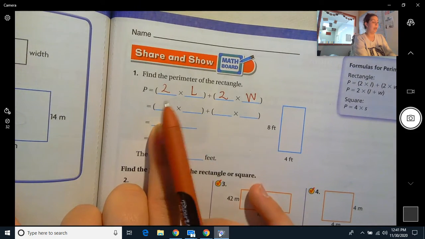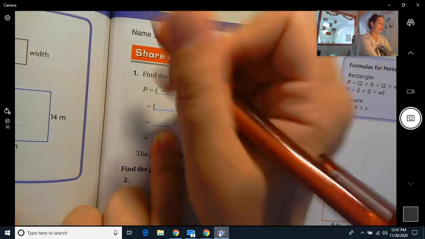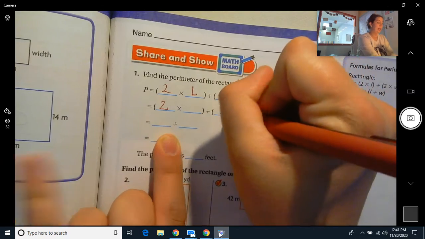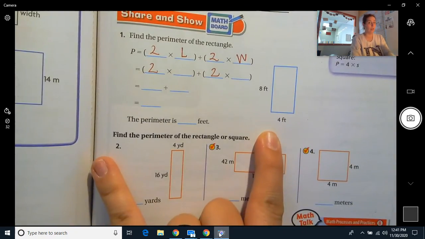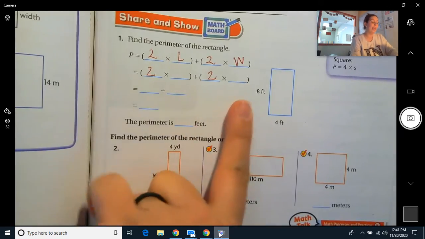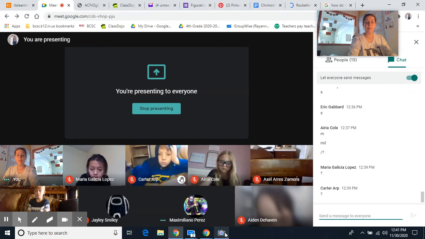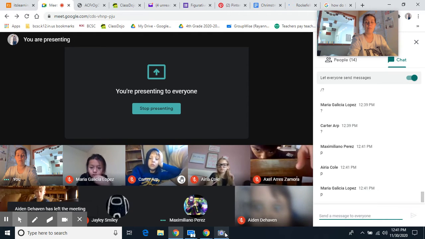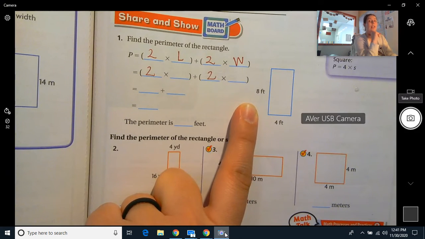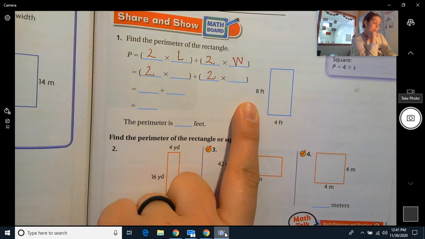Now what I do is I'm going to copy down the 2 for both of those in the first slots. And I need to figure out which one is my length and which one is my width. If you would like to comment which one is the length, please put a P in the chat, please. Maria, go ahead. Which one's my longer side? The 8.